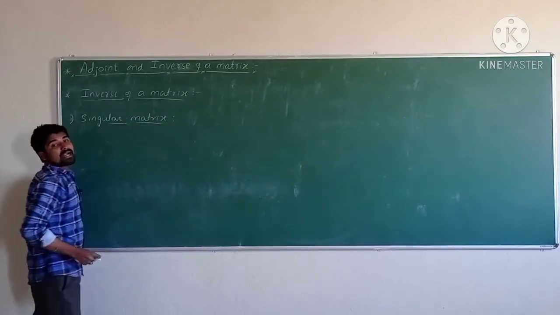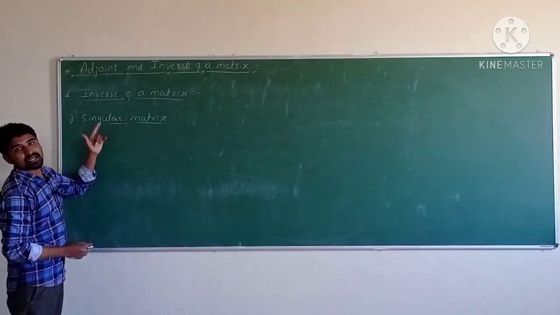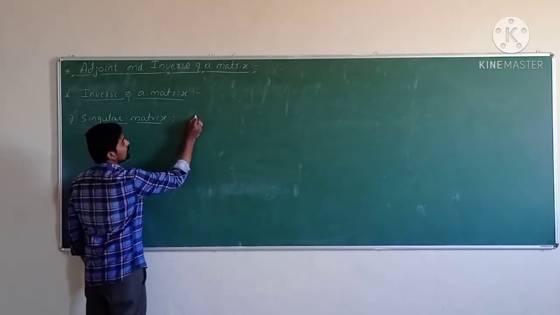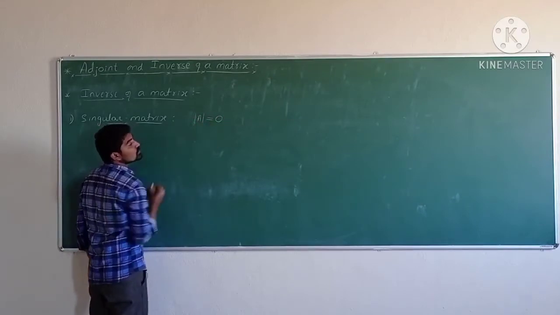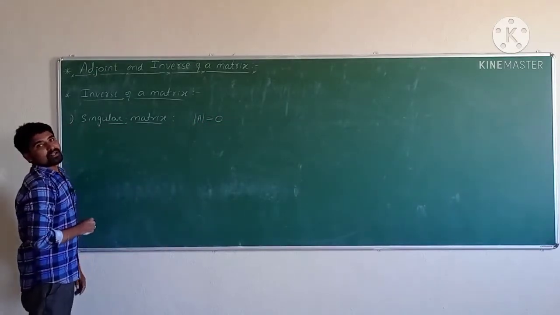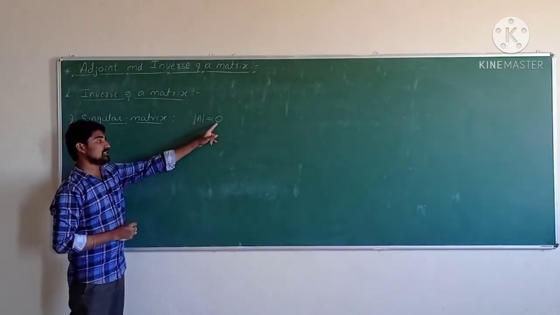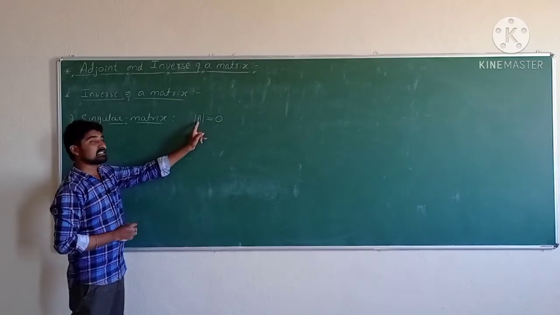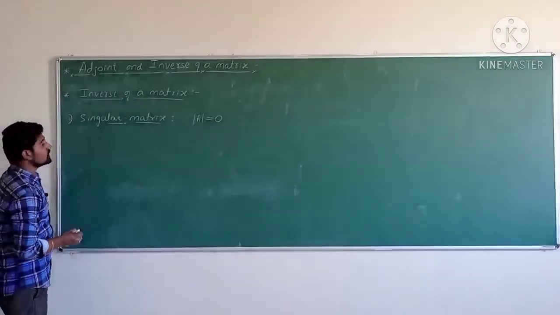A square matrix A is said to be singular if determinant of A is equal to 0. If the determinant of the square matrix A is equal to 0, that matrix A is called a singular matrix. The definition is very important for one mark.